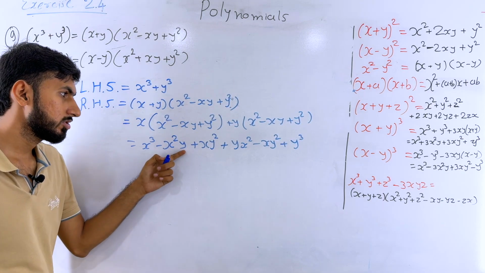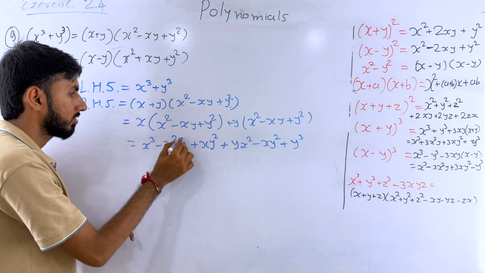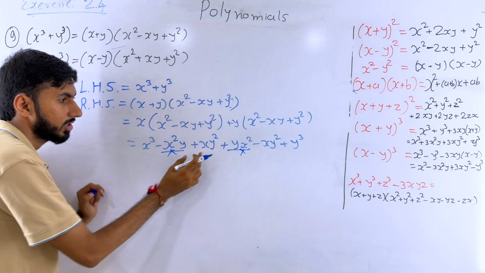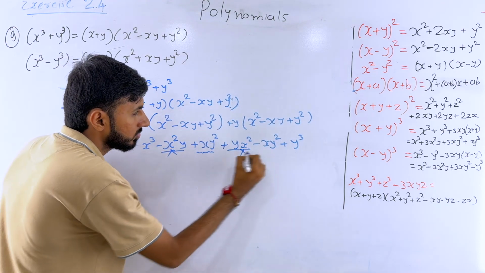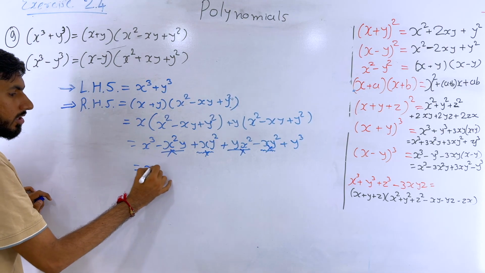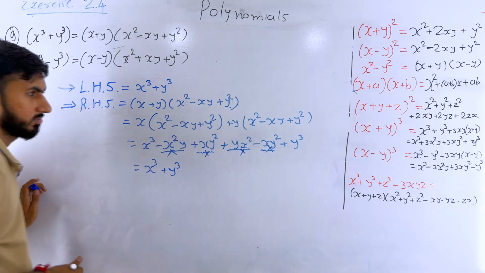X square y minus, and I have x square y plus, so I can cut these both. Right? Then I have plus xy square and minus xy square, so these both will also cut. So my final answer will be x cube plus y cube.